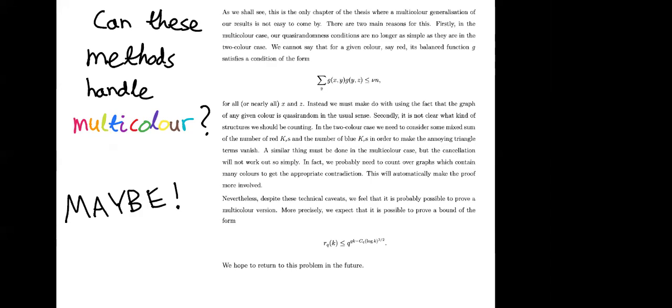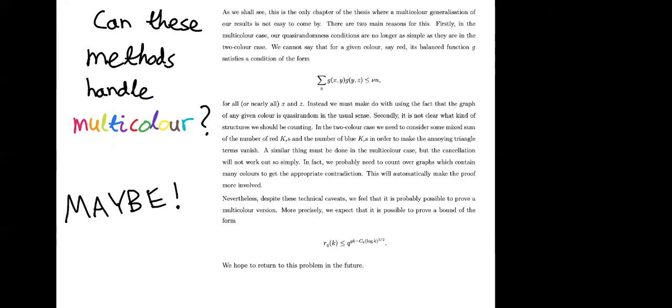This is copy and pasted from David Conlon's PhD thesis. Maybe I won't read it all, but it does say this is the only chapter in his thesis without a multicolor generalization. And he explicitly points out some of the difficulties associated with generalizing the method to multicolor, including that you can't even immediately read off quasi-randomness conditions in the same way as you can in the 2-color case.